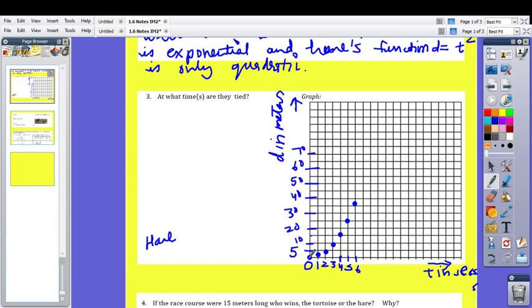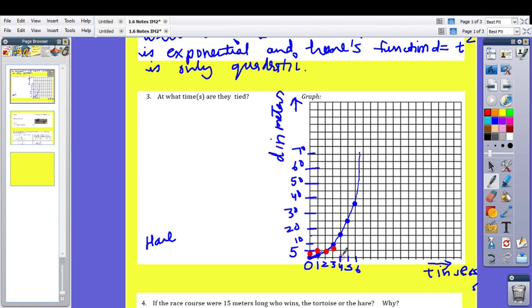Okay, so here we are, and then it just goes up. Now let's do the same thing for the tortoise. When t is 0, this is 1, so it's a little bit up. When t is 1, this is 2, so it's still up. When t is 2, this is 4, so they both are together. When t is 3, the hare is at 9 and the tortoise is just 8, so a little bit down.